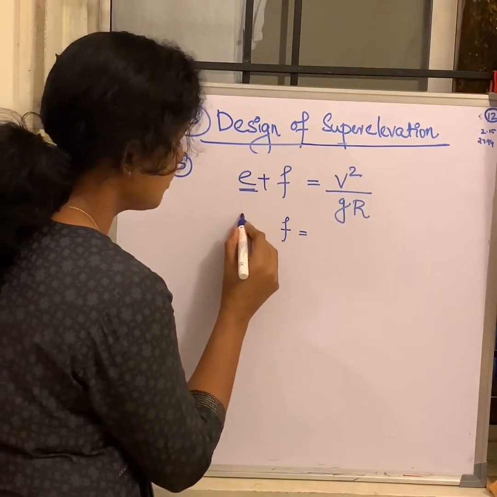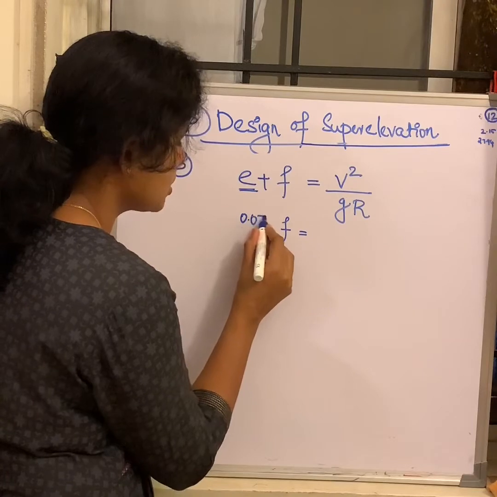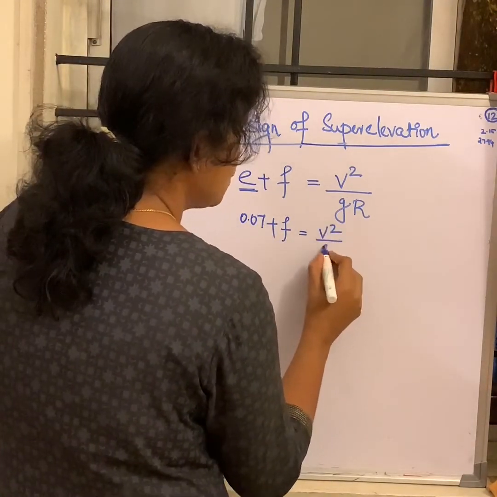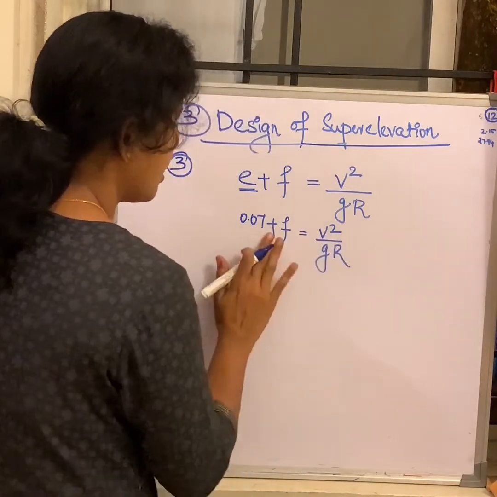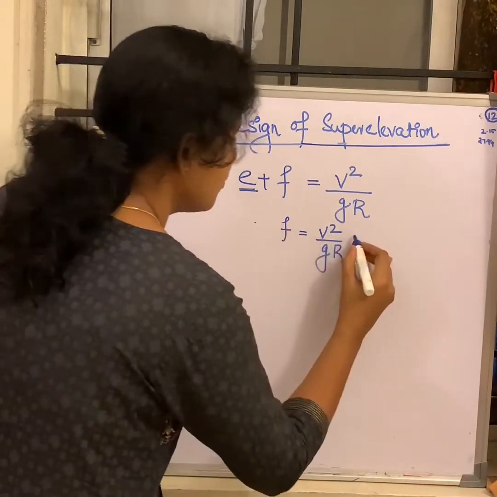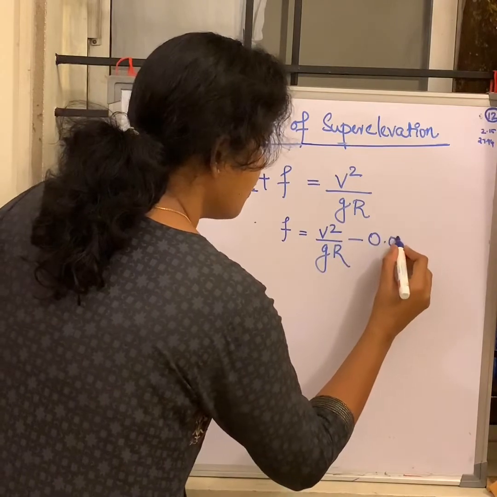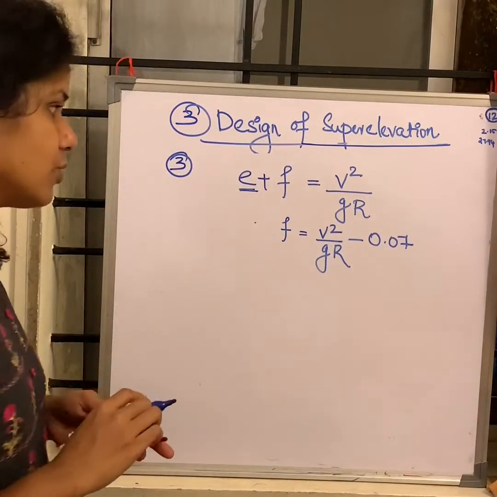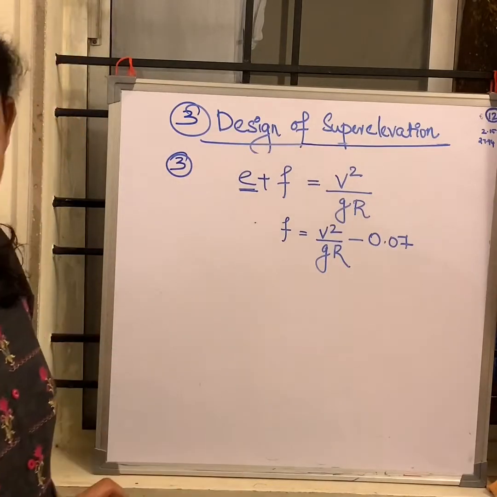Super elevation is limited to a maximum of 0.07, plus F is equal to capital V square by GR. So this F will be equal to V square by GR minus 0.07. So this is how you are going to calculate the coefficient of friction.